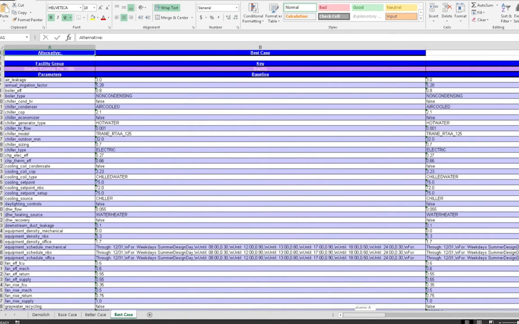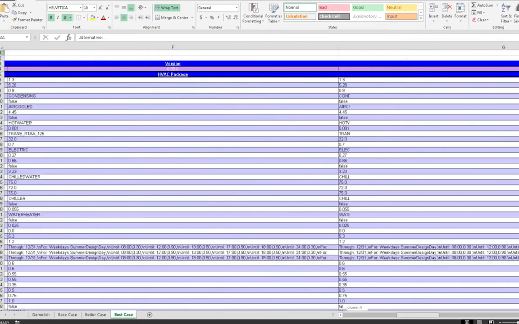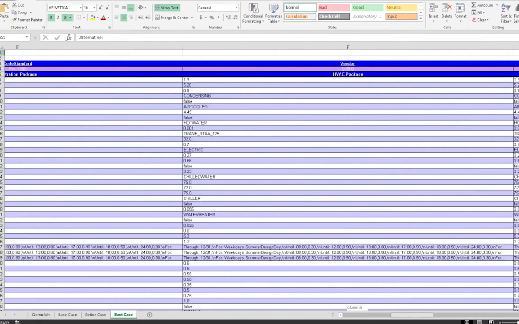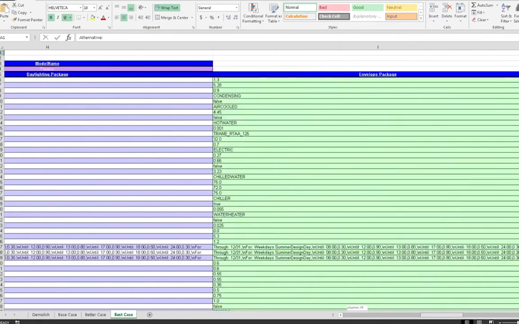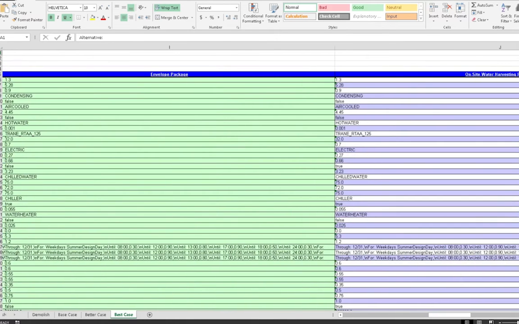What I look at is I follow a parameter through a facility group, and I see it was like 3, 3, 3, 3, 3, and it went to 1.3, 1.3, and then it was selected there, and you see the envelope in that first row.